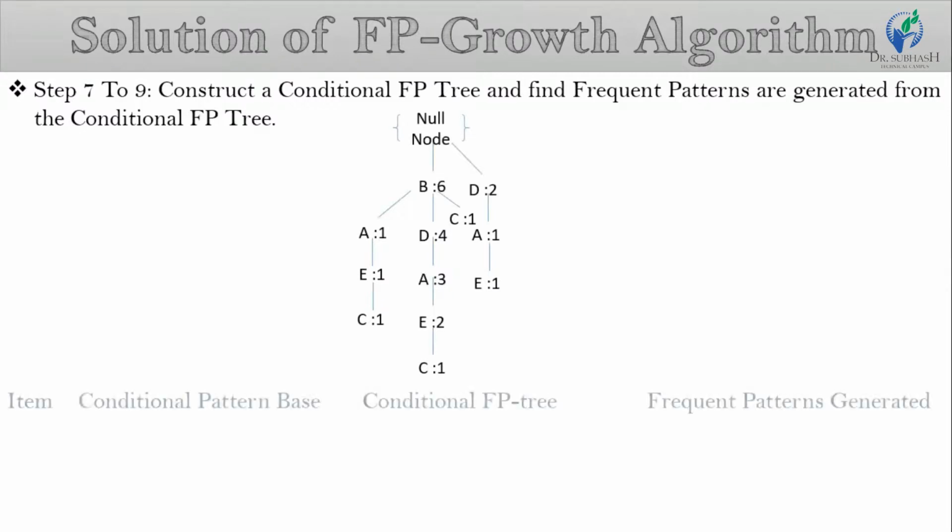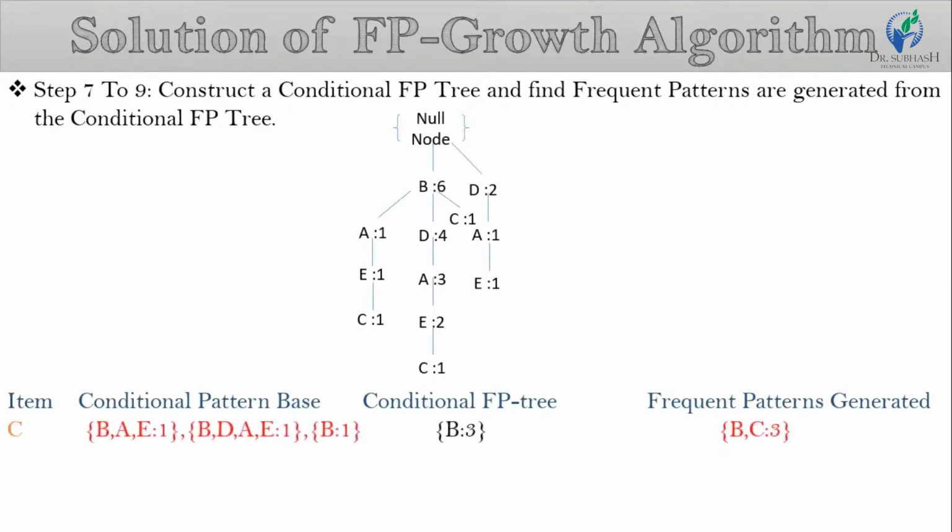Now see the lowest node item, C. So C occurs in three branches: first B, A, E and C; second is B, D, A, E and C; and third is B and C.